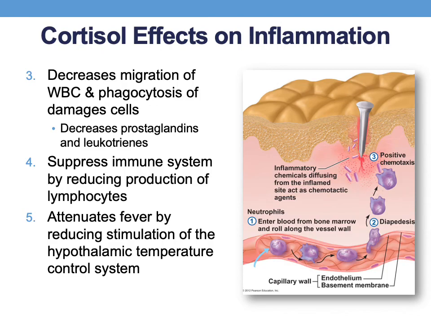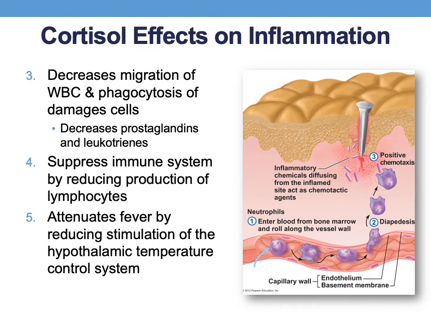Cortisol's effects on inflammation, as I said, will decrease migration of white blood cells and phagocytosis of damaged cells. Because if you have too much phagocytosis too soon, those cells get too bloated, and it's hard for them to even be transported out of the area. It also decreases prostaglandins and leukotrienes. We talked about prostaglandins in neuro and muscle physiology when we covered our module on pain.